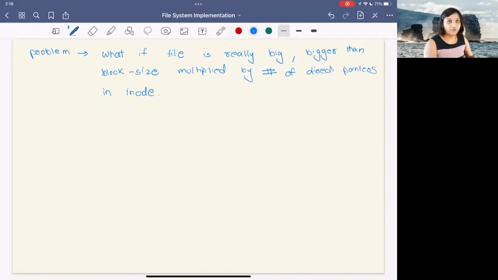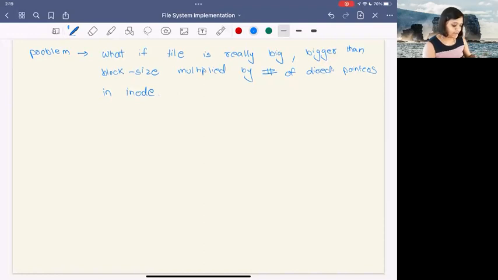In that case, we wouldn't have enough pointers inside the inode to be able to point to the entire file. We would be able to point to only a part of the file, but if the file is bigger than that maximum number of pointers we could store inside an inode, then we wouldn't be able to refer to the entire file.